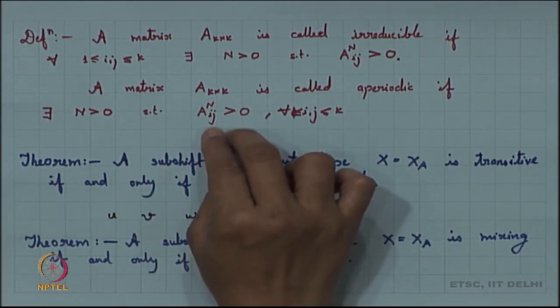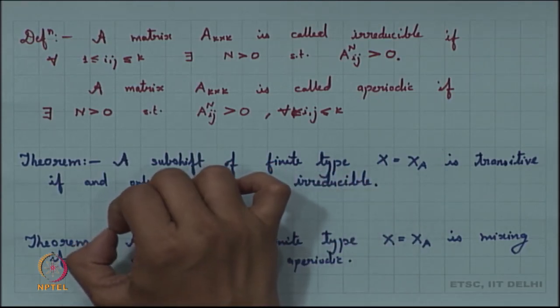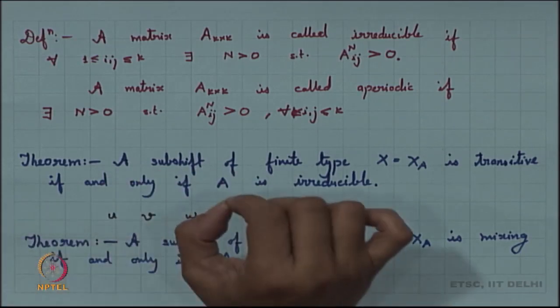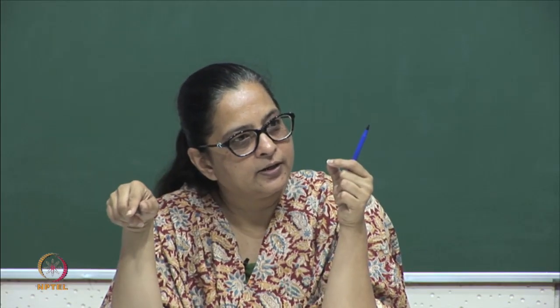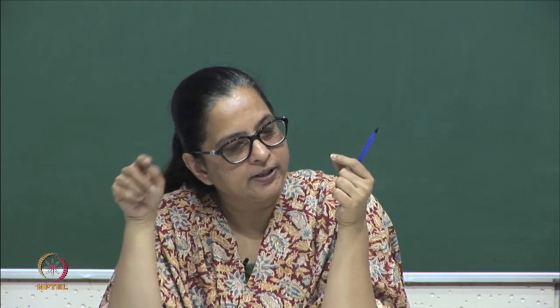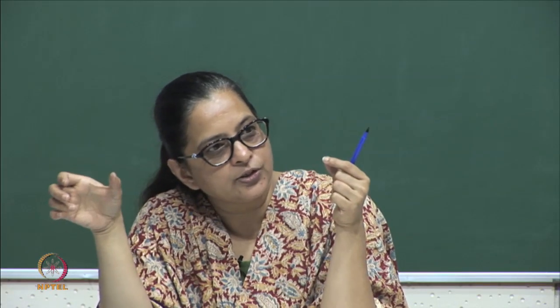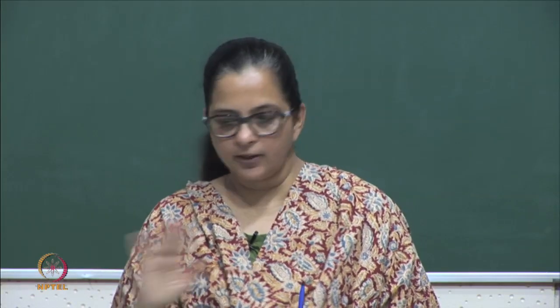Now, once your a^n(i,j) is always positive, what you have here is that you start with a vertex i, you go to a vertex j, and you can have any two vertices, there will be a word of length n. So, if your u ends at i, w starts at j, you have a word of length n there, but then I could also think of u starting at some other vertex, and then again I have a length n plus 1 and so on, and so what you get here is that this happens to be mixing if and only if it is aperiodic.